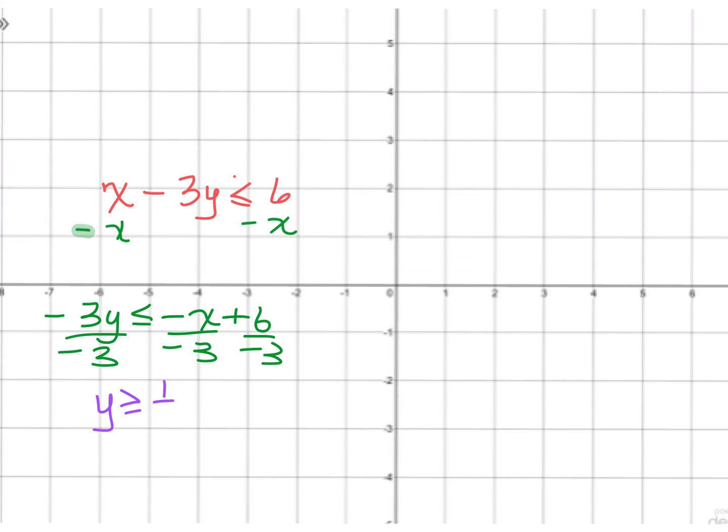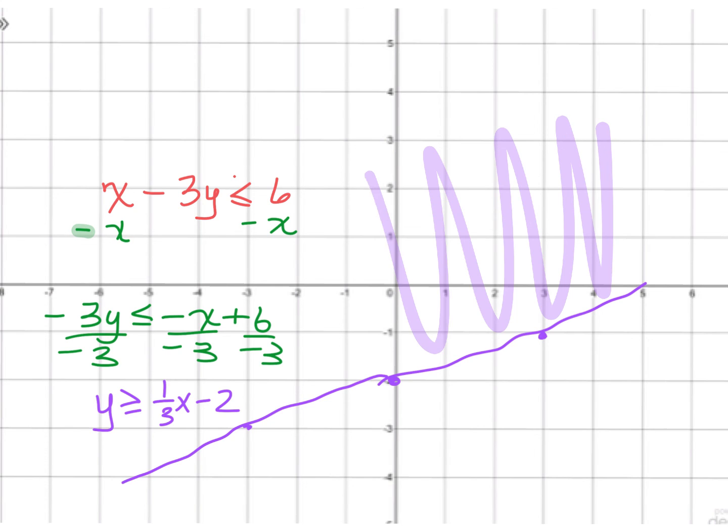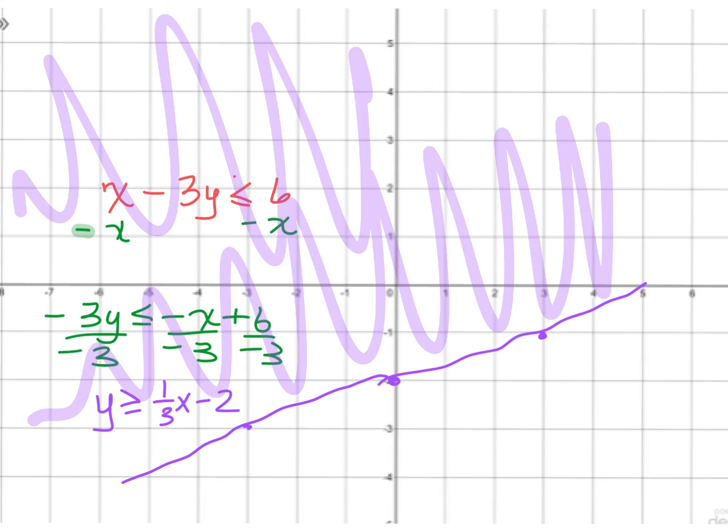So that would be y greater than or equal to 1/3 x minus 2. Minus 2, up 1 over 3. Again, this is now a solid line because it's greater than or equal to, and greater than or equal to means I'm going to shade above. And that's that. The idea here is that any point in that shaded region will satisfy that original inequality.